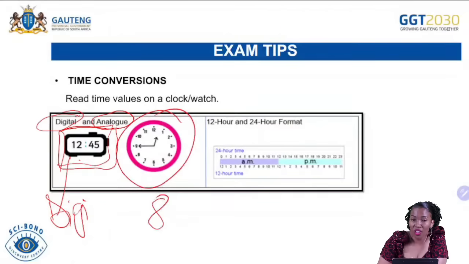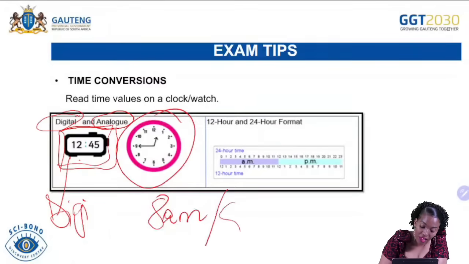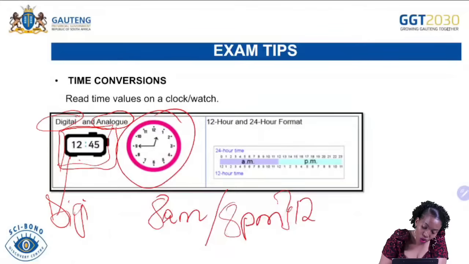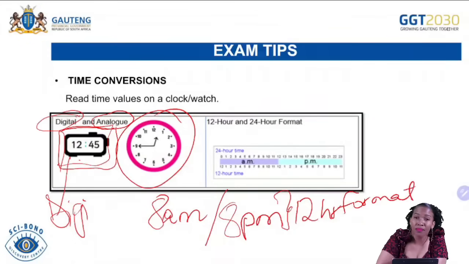So, for us to know if it is 8 o'clock in the morning or 8 o'clock in the evening, we'll use 8 a.m. to denote 8 o'clock in the morning. And then we would use p.m. to denote that this is 8 o'clock in the evening. This is your 12-hour format, because it just works with the numbers from 1 to 12.